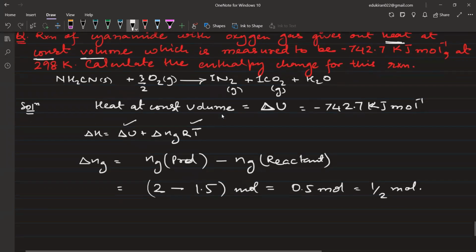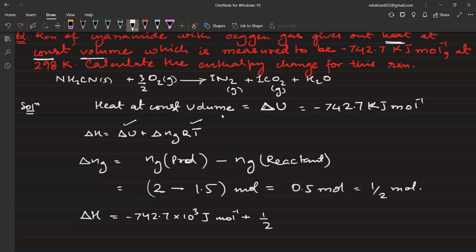Now we have everything. Delta H निकालने के लिए बोला, change in enthalpy. So delta H is equal to delta U, that is equal to how much? Minus 742.7 into 10 to the power 3 joules. We'll keep it in joules right now, per mole, plus delta Ng is half into R is 8.314 into 298.